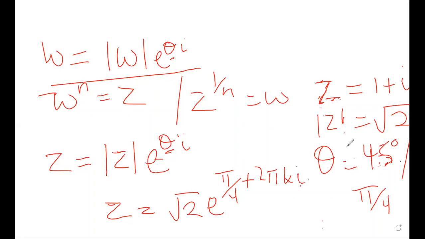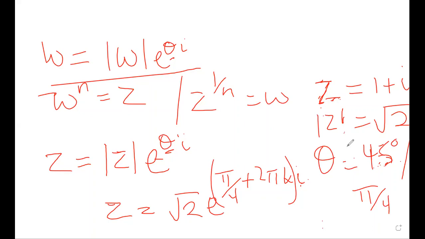You can put this in brackets, because what we have here is the total argument. k is any integer. This is the total expression.